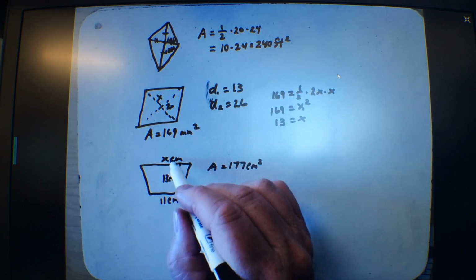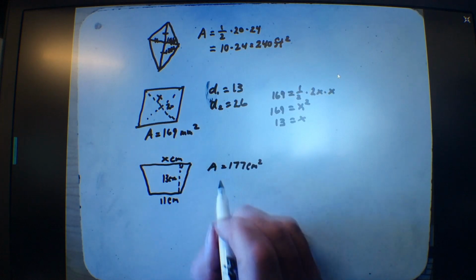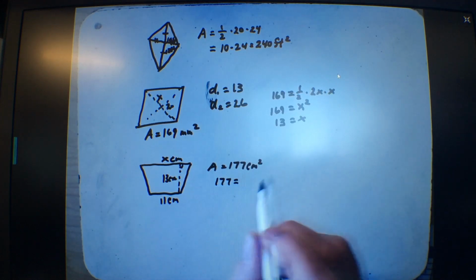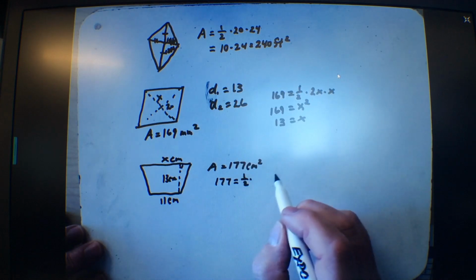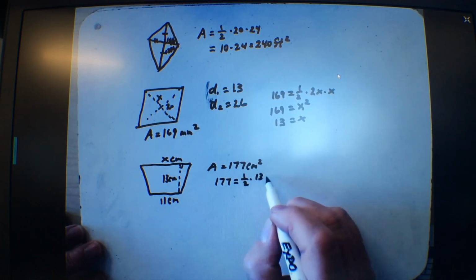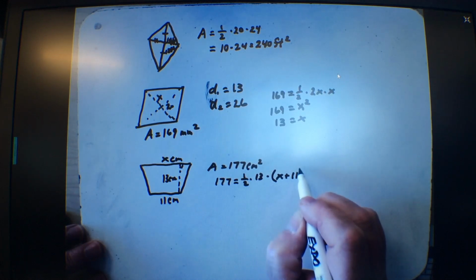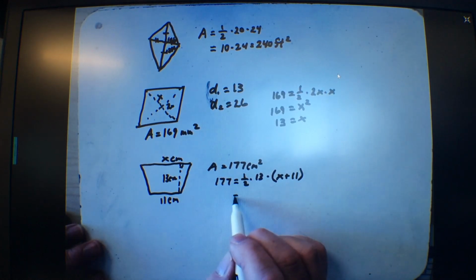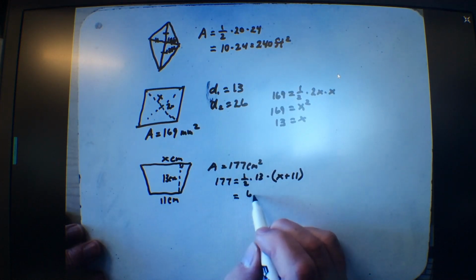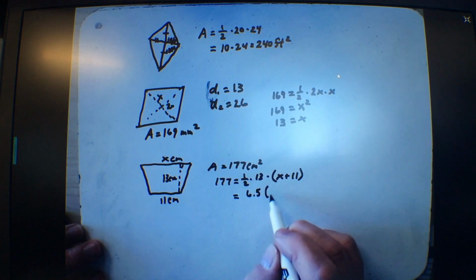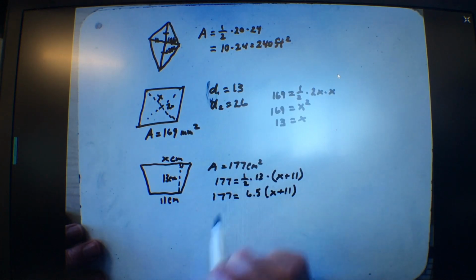This is x, this is 11, this is 13. You take 177 equals 1/2 times 13 times x plus 11. This one's a little harder, isn't it? Can we do half of 13? What is it, 6.5? Yeah, 6.5.